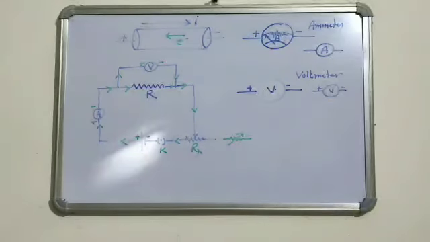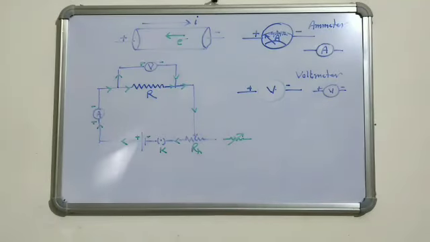For example, gold, silver, copper and aluminium are conductors. I repeat: gold, silver, copper, aluminium. In household electricity, we generally use copper and aluminium wires for wiring.